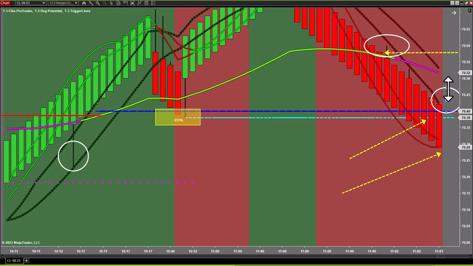If you sold 4 contracts right there and you got out right there, you made $1,000. Is it a good trade? You tell me. Good in my book.